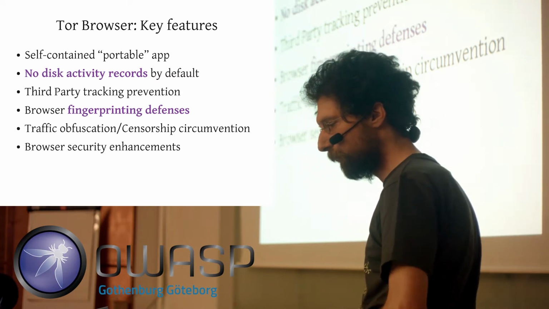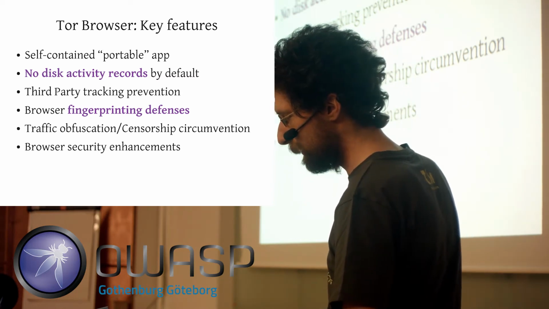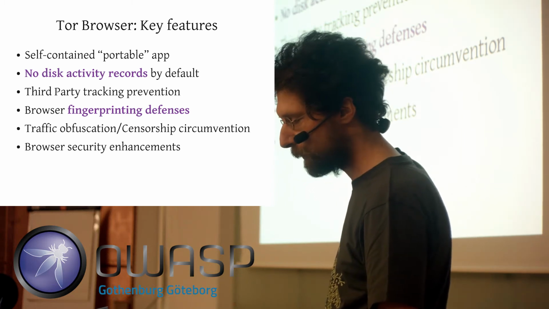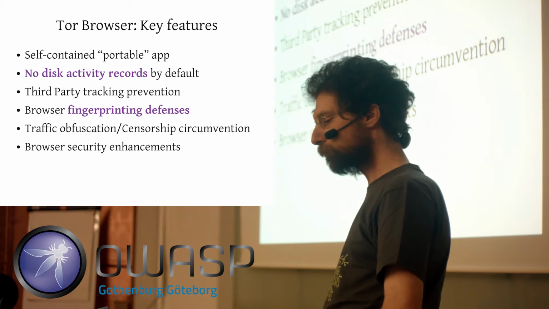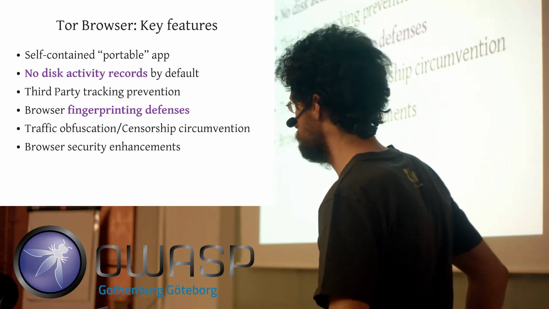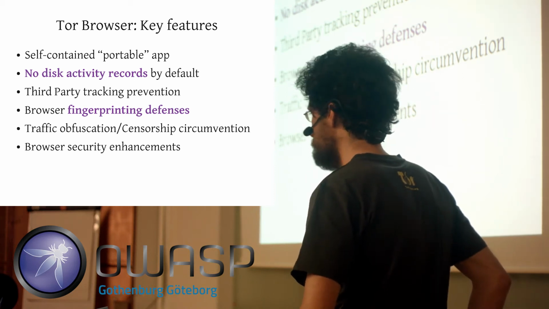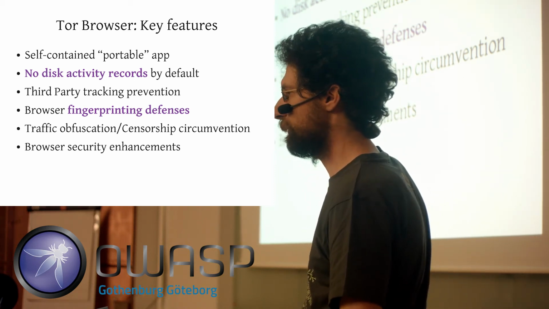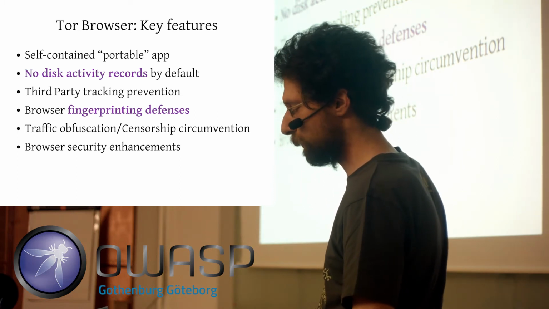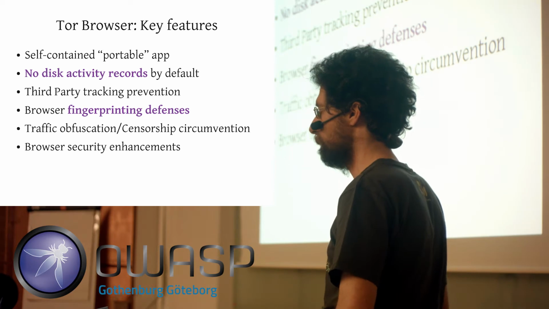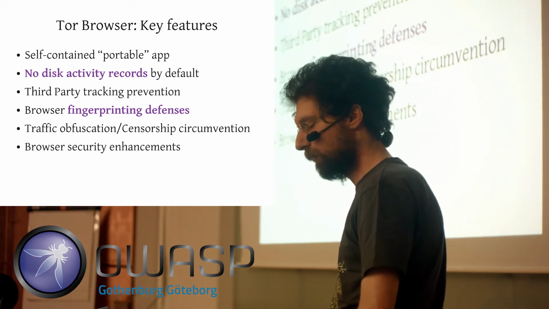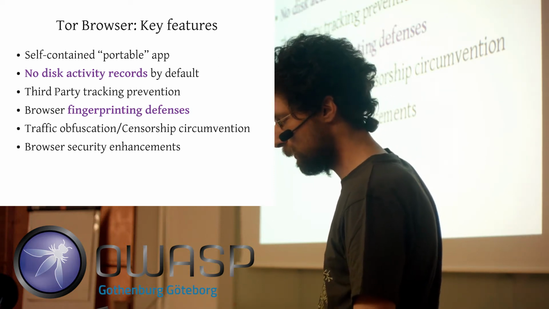Then two things we have, which I'm going to talk a bit more about in detail later on, are third-party tracking prevention and browser fingerprinting defenses. And we have censorship circumvention. There are people in countries like Iran or China who cannot reach the Tor network because the governments there have firewalls and other censorship equipment which prevents this.